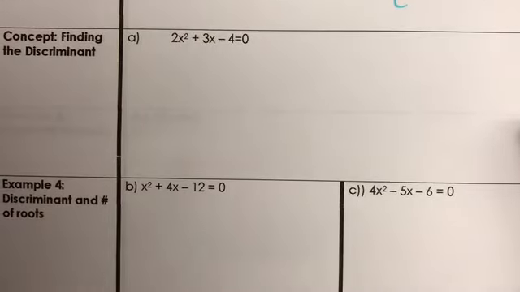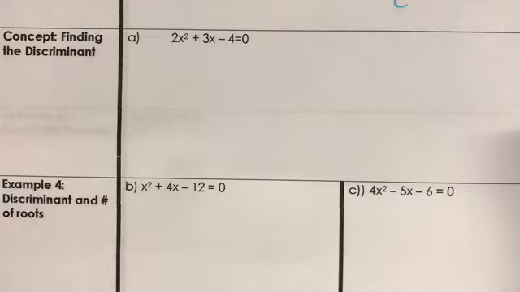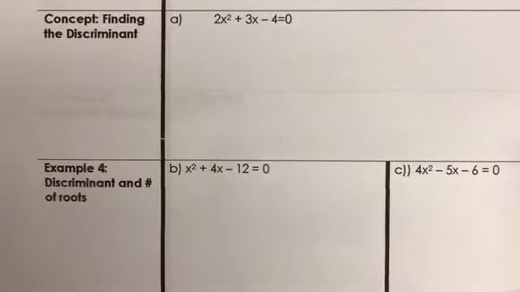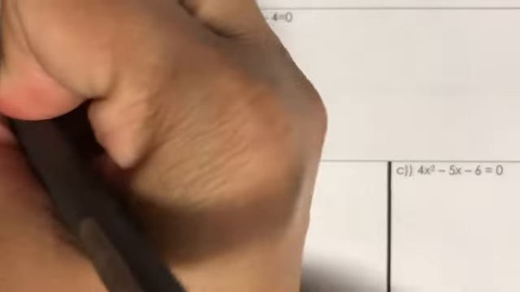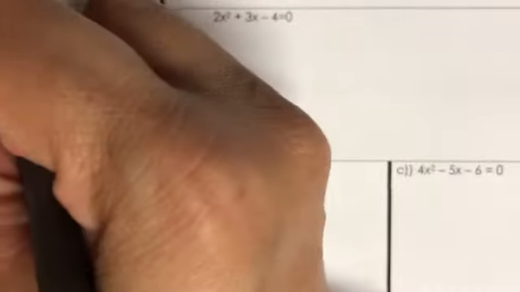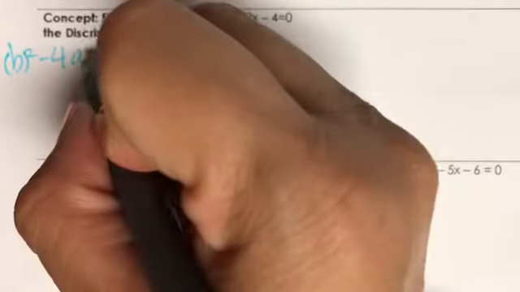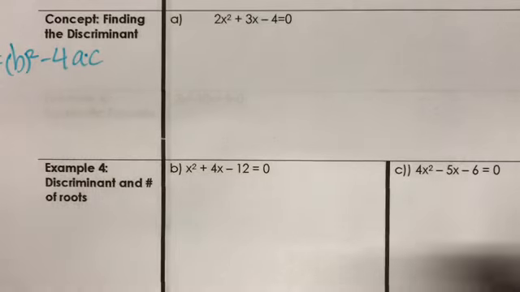Next, we're going to talk about finding a discriminant. Now, the discriminant has its own formula. So discriminant is going to stand for D. D equals B squared minus 4AC. Now, this b is squared and that 4ac are multiplied.